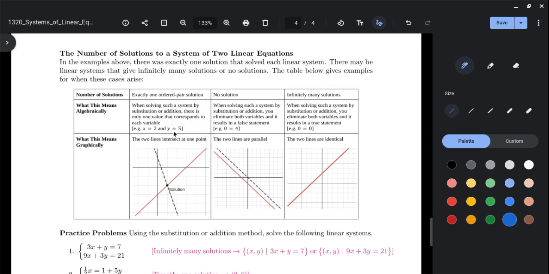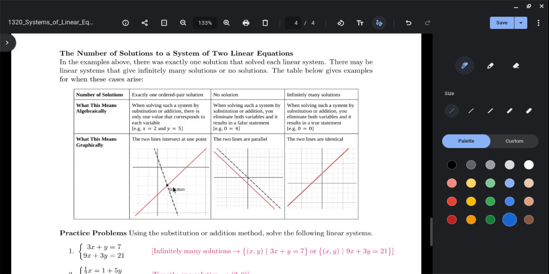When we get exactly one solution, just like we've seen above, it means that we only have one value that corresponds to each variable. So we get one value for x and one value for y. What that looks like as a picture is that our two linear equations, which are lines, intersect at exactly one point. And that's the solution that we're finding.